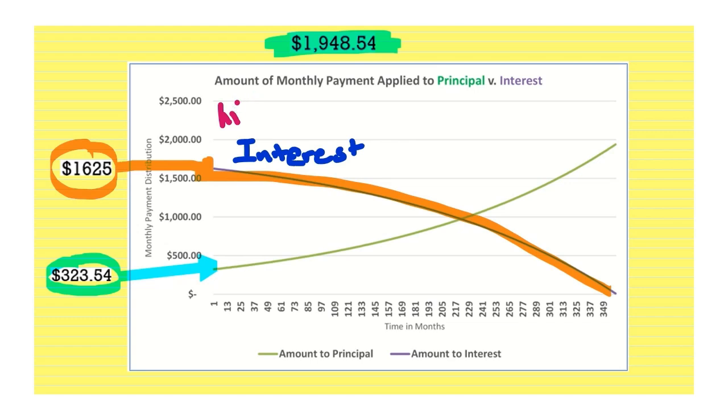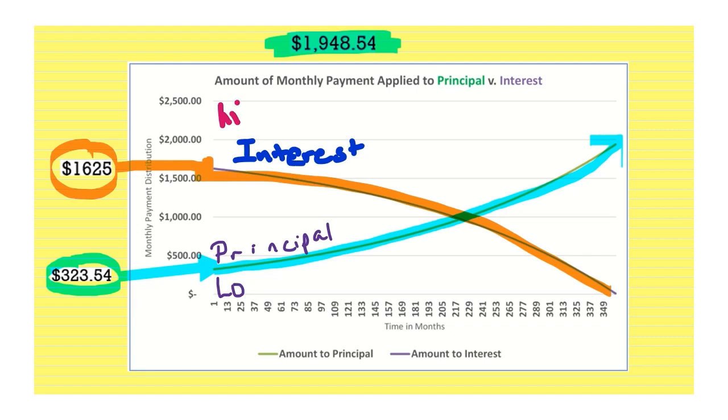The line down here at the bottom is the amount of money that is going to pay down your loan. That's known as the principal payment. So the principal payment, which is what is actually going to pay down your house loan, starts low.